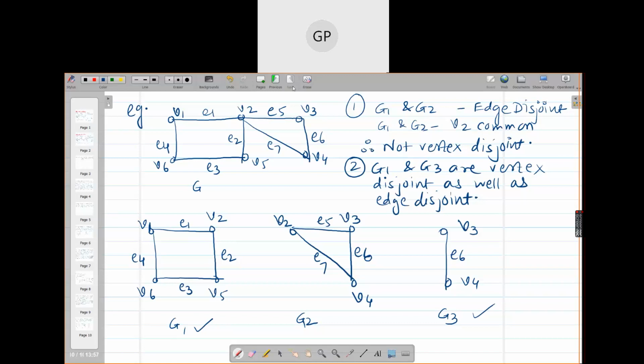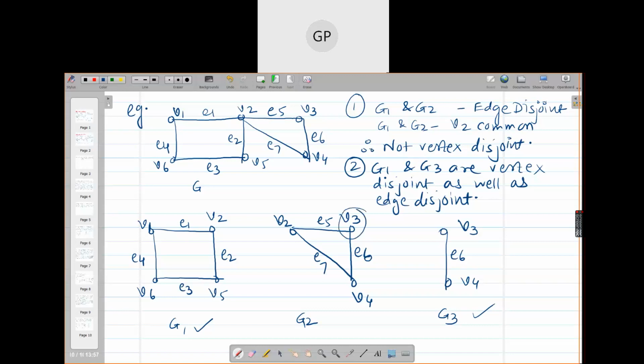Okay. What about G2 and G3? Vertex disjoint and edge disjoint. Huh? G2 and G3 are not vertex disjoint.